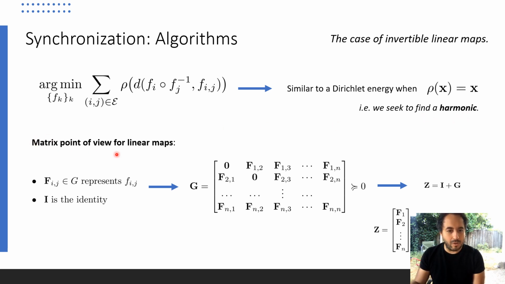And from a matrix point of view, using the analogy to graph Laplacian, for instance, which is heavily used in minimization of Dirichlet energies, we could see that we could construct such a G matrix that is composed of those relative maps, and we could consider a Z matrix that is just the identity matrix added to G, and we observe that Z actually admits such a decomposition. Right? So this is regardless of which group we are working in, as long as it's an invertible linear map, that would hold because of the cycle consistency constraint, which can be written in such form.